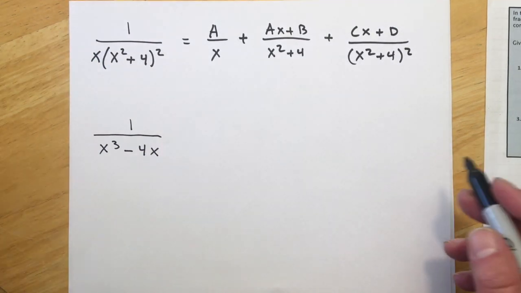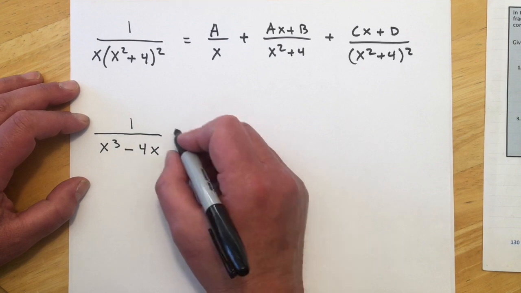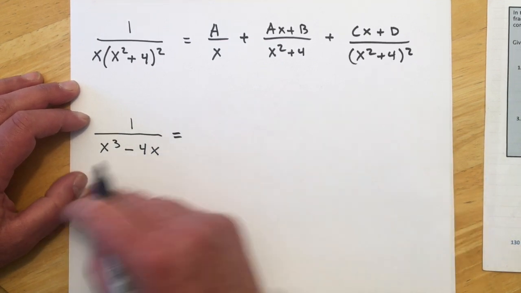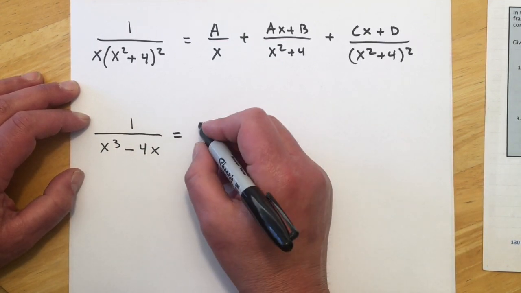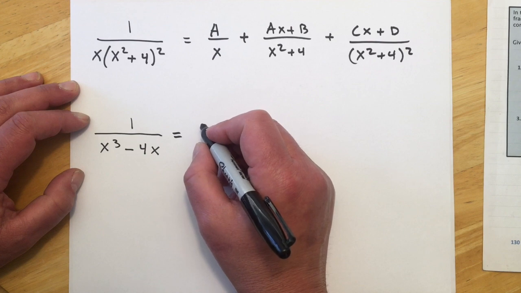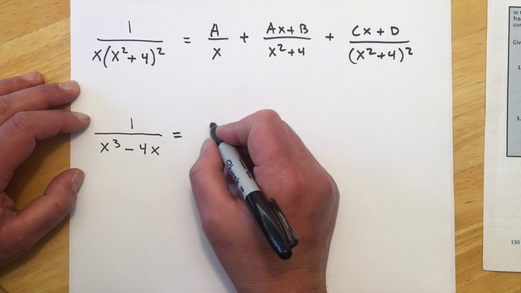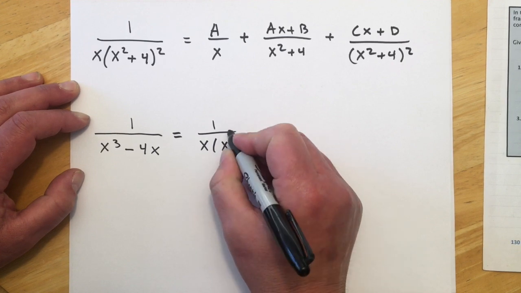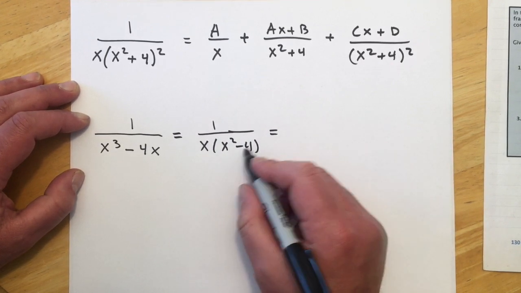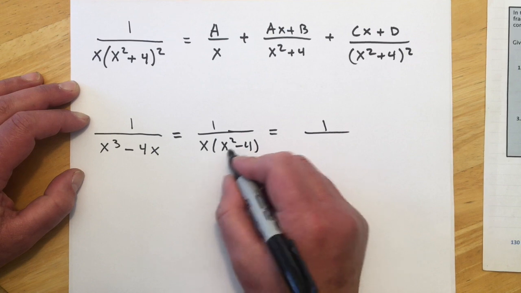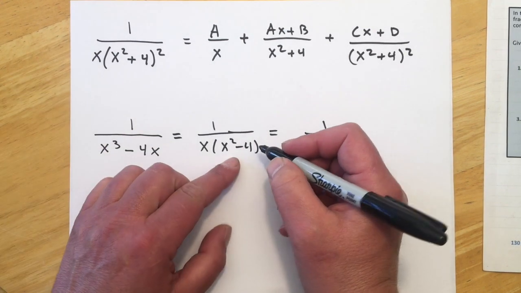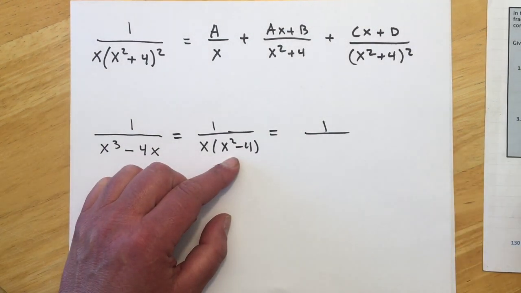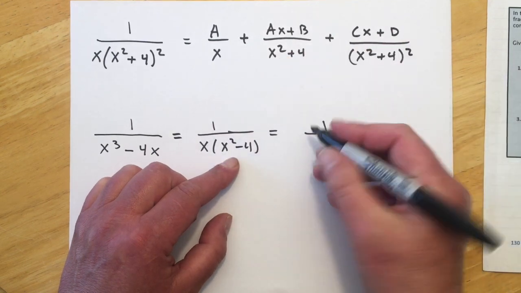Here, then this one does factor, so we have to do a little bit of work. So I'll go this way with it and bring it down below. So this is going to be 1 over x squared minus 4. But then here we have to be careful to not stop, because this one does keep going. So while this is quadratic, it's reducible, which means it's not like that one that was irreducible.